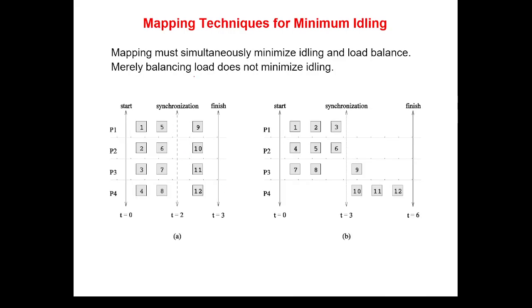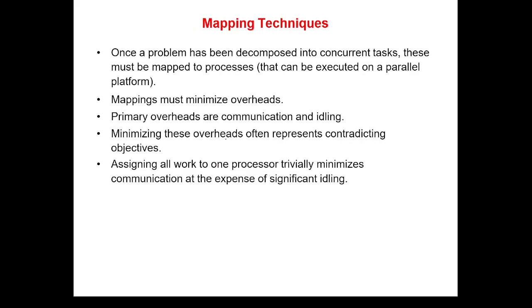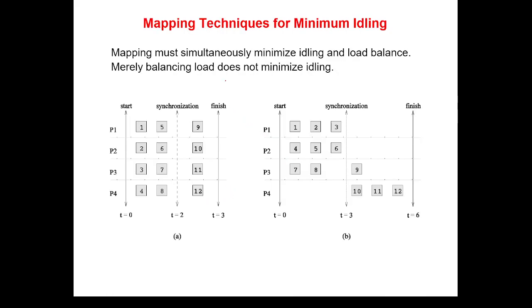That's why kita gunakan mapping teknik untuk minimumkan the idling. So mapping must simultaneously minimize the idling dan juga load balance. So inilah isu dia. Okay, bila pakai satu processor, communication bagus, tapi you menyebabkan banyak processor tak buat kerja. Jadi kita gunakan mapping teknik untuk kita kurangkan idling tadi.